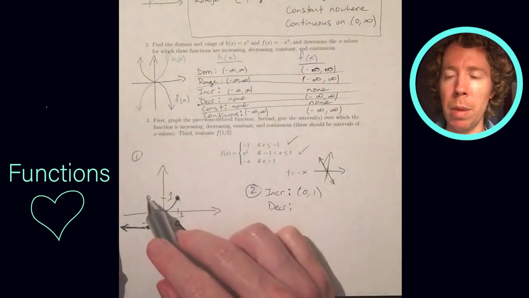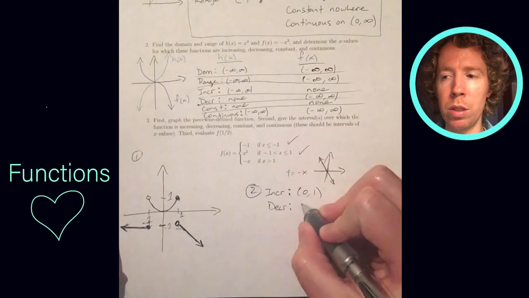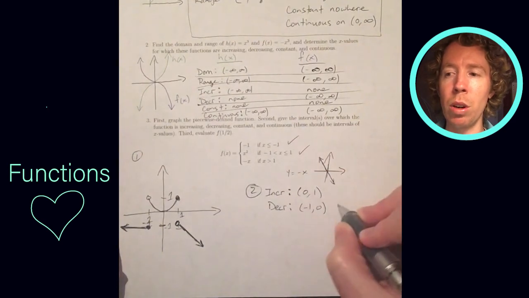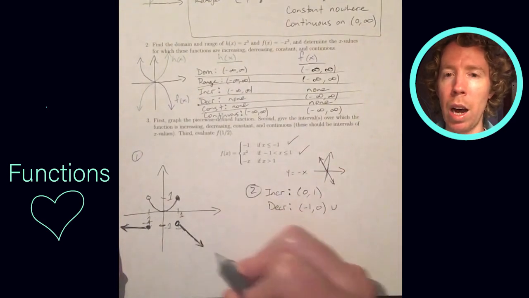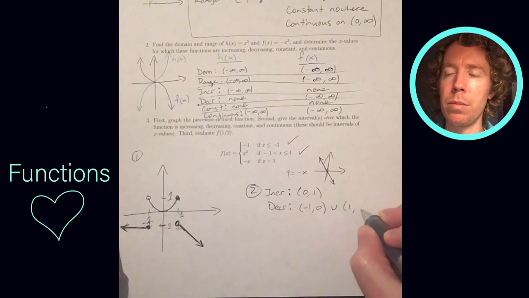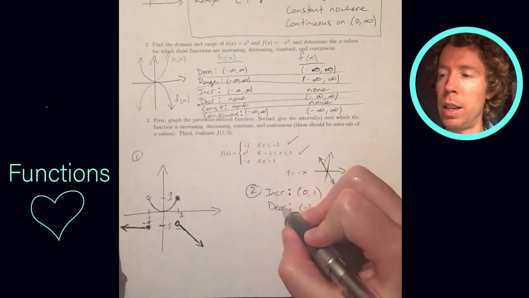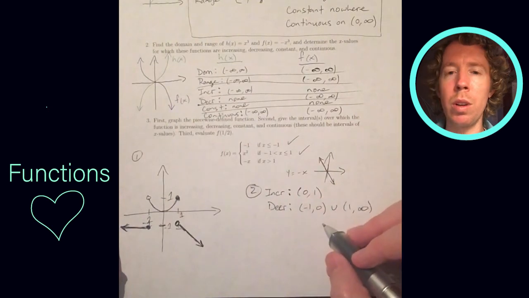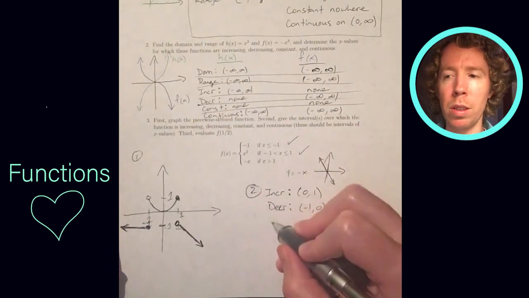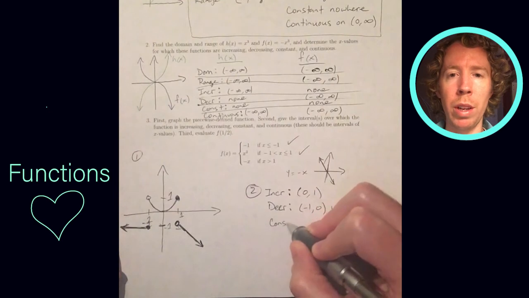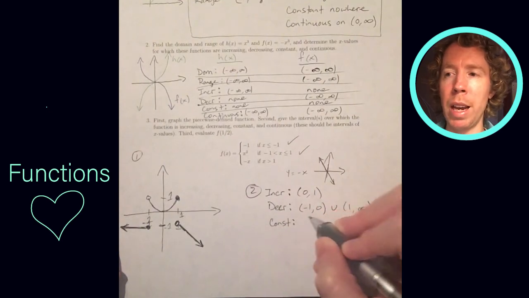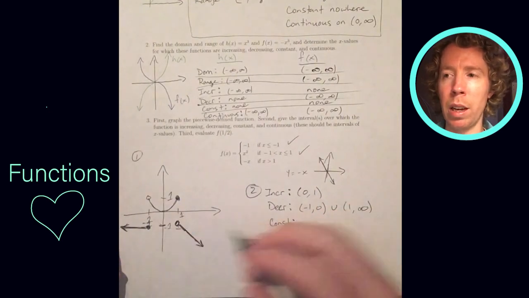It's decreasing from x equals -1 to 0, and also from x equals 1 out forever to the right. And then it's constant only on the part where there's a flat horizontal line where the y values are all -1. And that's from -infinity out to x equals -1.